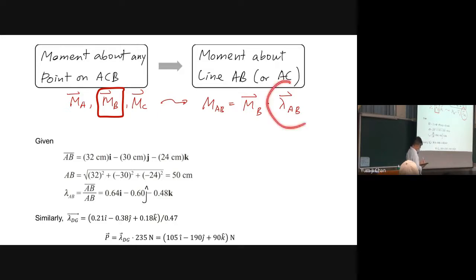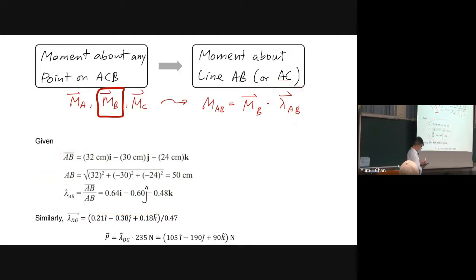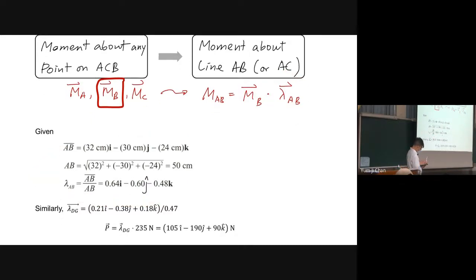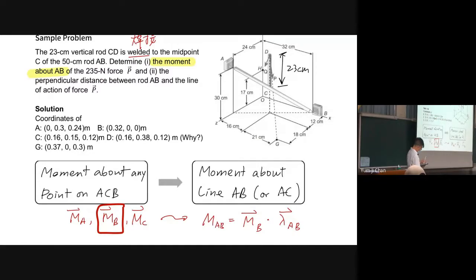Now, for lambda AB, it is here. And for MB, let me write it down here. If we do it like MB, it is, of course, from the figure, equal to RD with respect to B cross P, right?